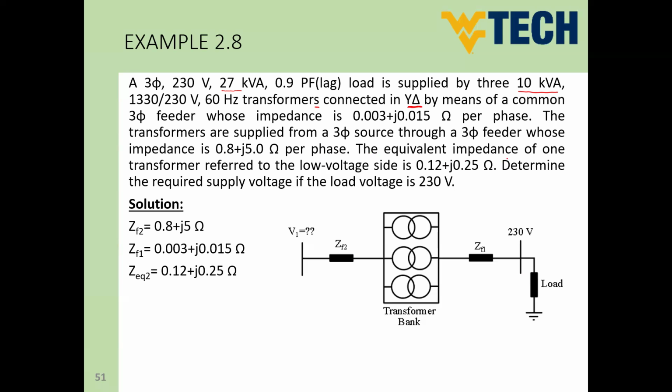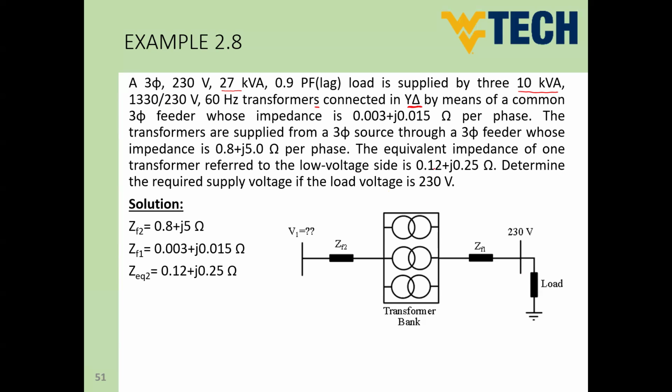So the equivalent impedance of one transformer referred to the low voltage side is this value. Again, this is the equivalent impedance, the overall impedance of the transformer, referred to the low voltage side. Low voltage side, from the data given here, is the secondary side.